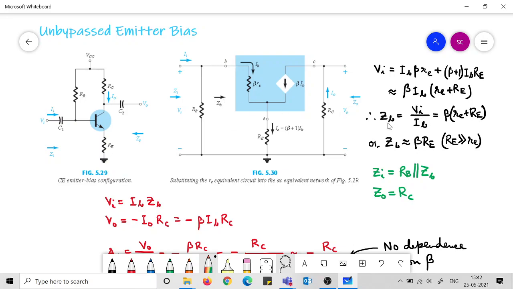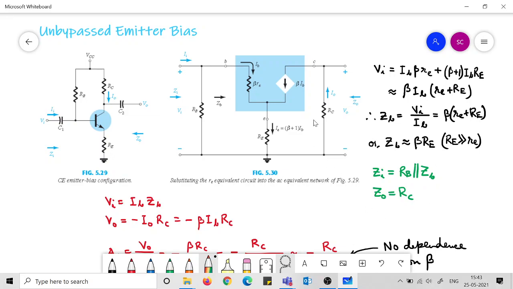From this relationship it is beta times (small re plus capital RE). If we employ a further approximation, that capital RE is in the kilo ohms range and small re is in the ohms range, we neglect small re, so only capital RE stays. ZB becomes beta times capital RE, so Zi becomes RB parallel to beta RE.